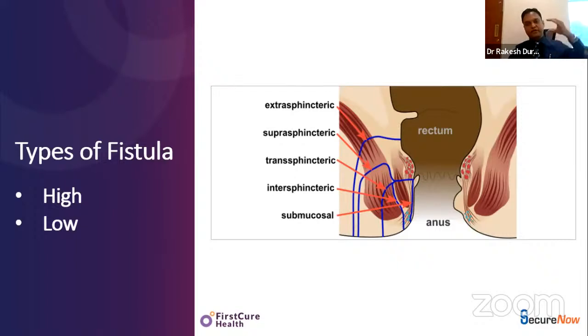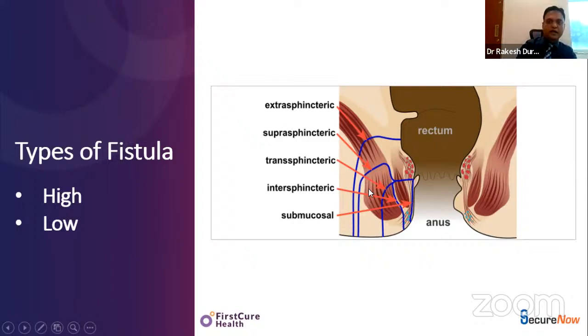Now, these are the different types of fistulas that you see over here. Broadly, for the patient, it is either a high fistula or a low fistula. What decides high and low is the dentate line, the white line. Anything very close by, as in the first one from the bottom, is the submucosal fistula, a very small one. Then comes the intersphincteric, that means the second blue line. In the second blue line, it goes in between the two sphincters like this and then enters the back passage.